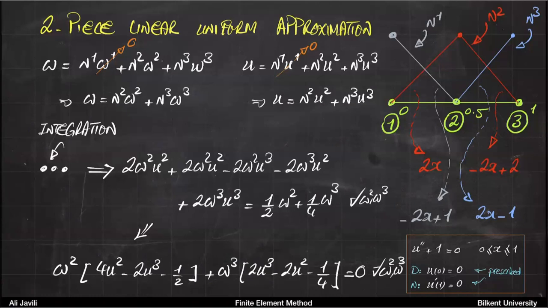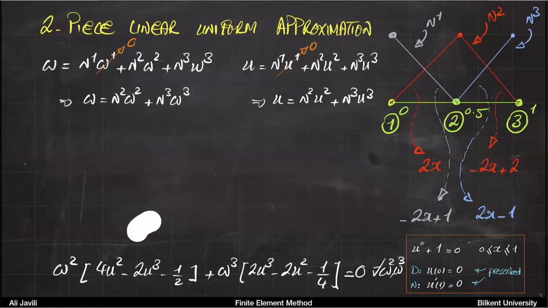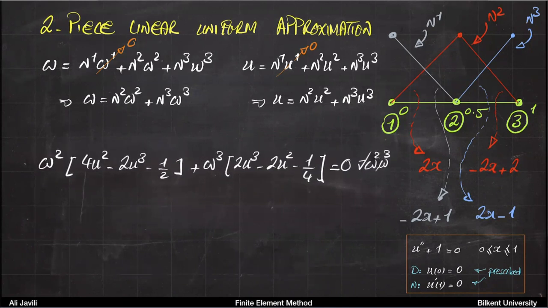So if you look at this one now, again, it looks like one equation, but now it is very clear that you can write it as just two equations, two unknowns, because now if this thing is supposed to be 0 for any w2 and w3, this means each of these coefficients must be 0, and that is exactly what I'm going to do next.